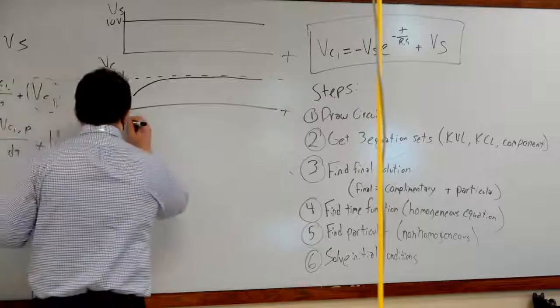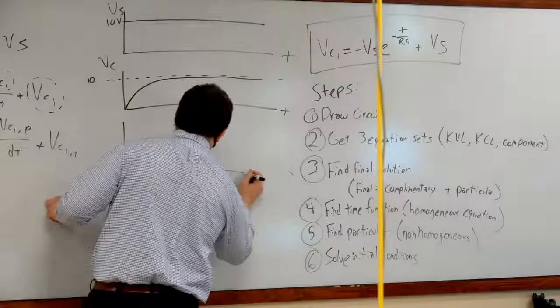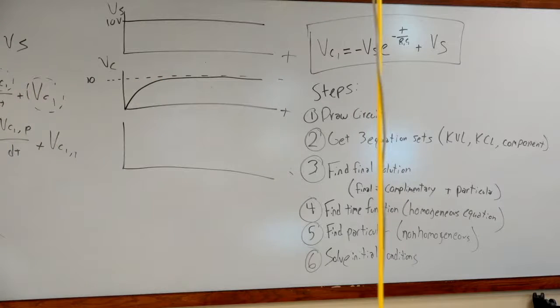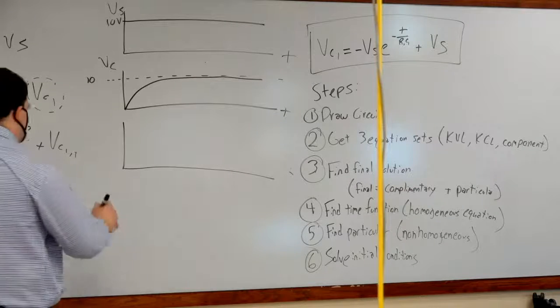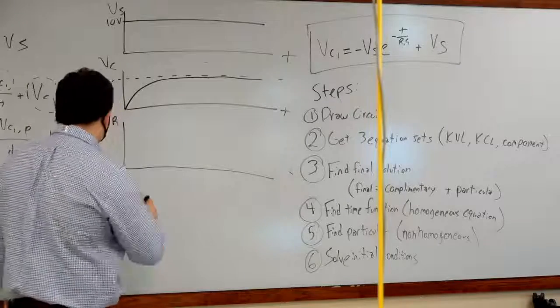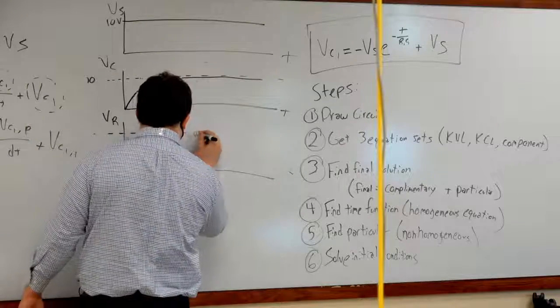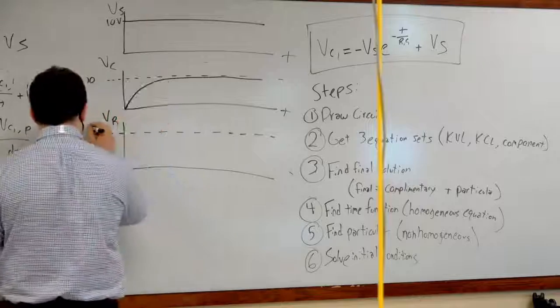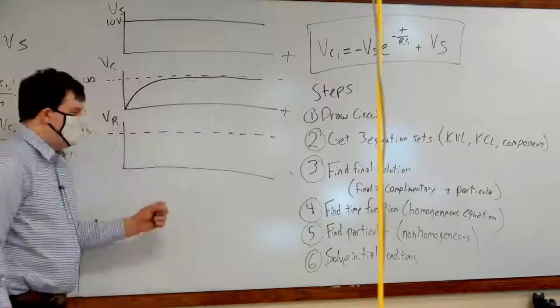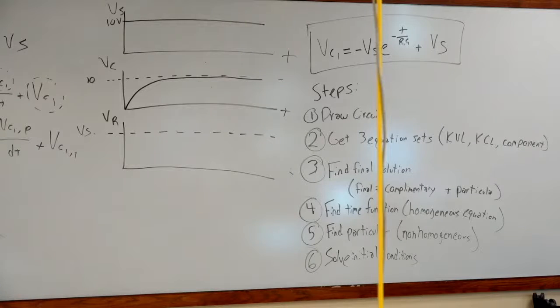Okay? So, if we were to take Vs minus Vc, we get Vr. Right? Which means we have our nominal value of Vs. Because this starts at 0, what does Vr have to start at? What is Vr?